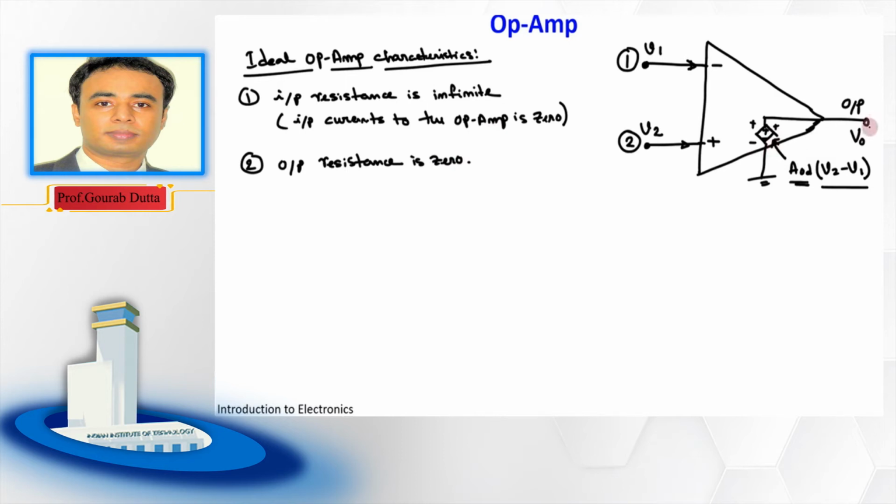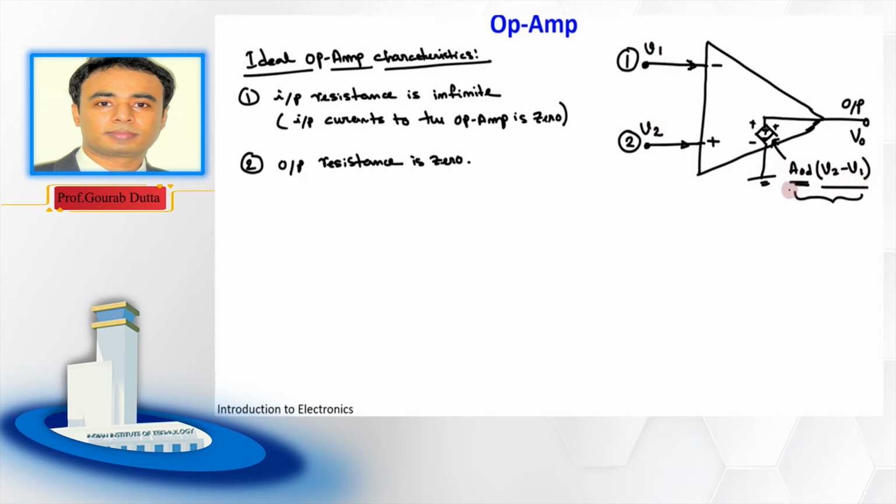Then what is the output? We have already discussed some time back. For this configuration, if the voltage applied here is V2 and the voltage applied here is V1, then the output is nothing but A_OD times V2 minus V1.